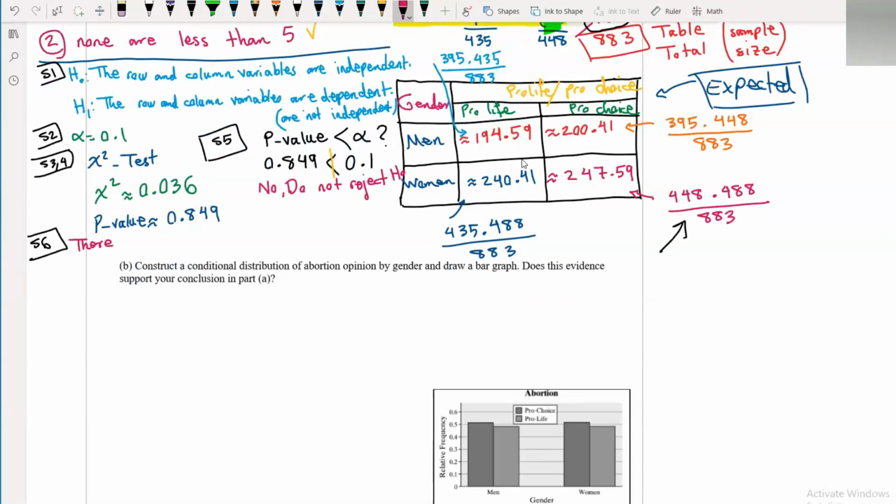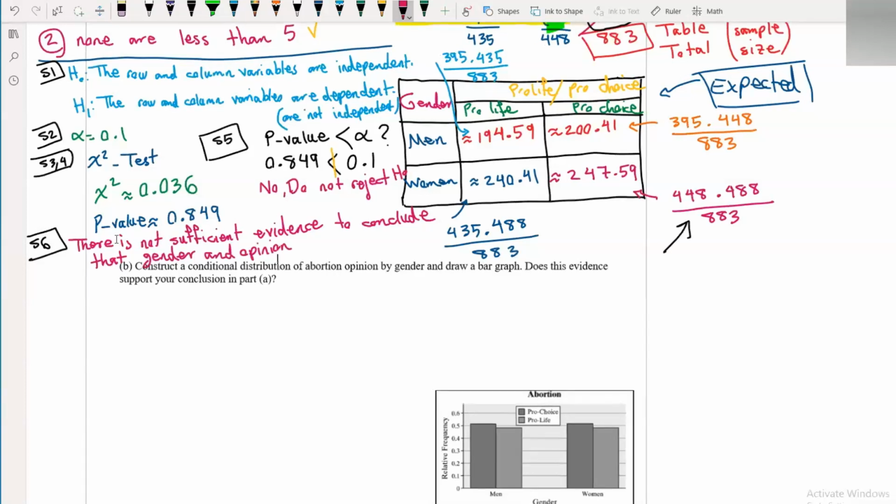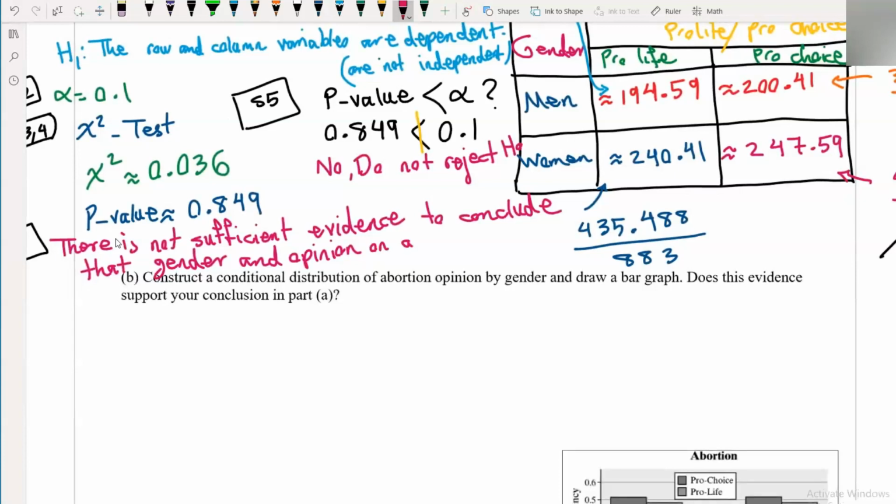No. There is not sufficient evidence to conclude that gender and opinion on abortion are associated, or are dependent.